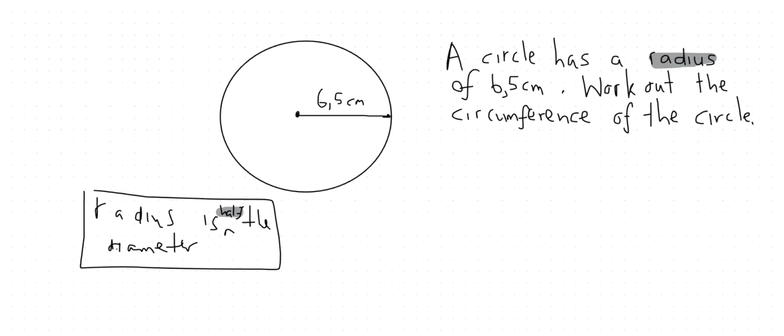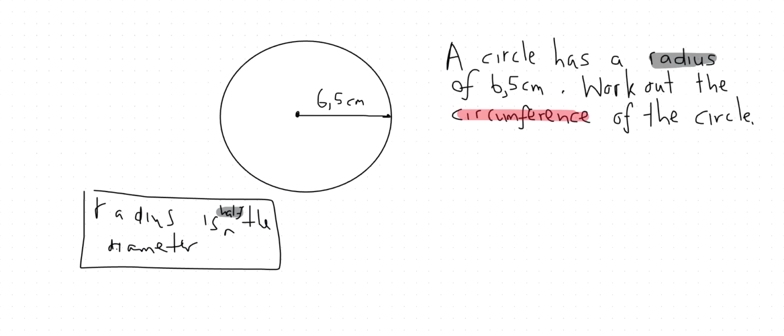So we want to work out the circumference of this circle when the radius is given. The first thing that should come into our mind is the formula for circumference, because that is the formula we are going to use.